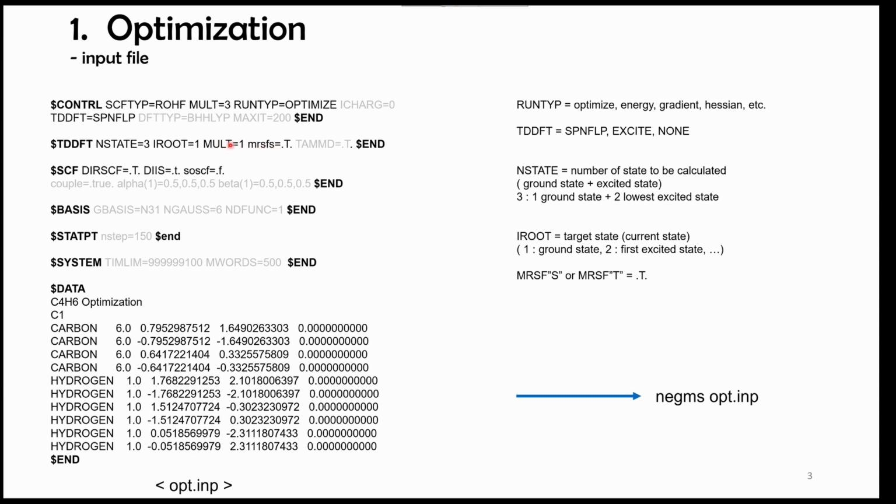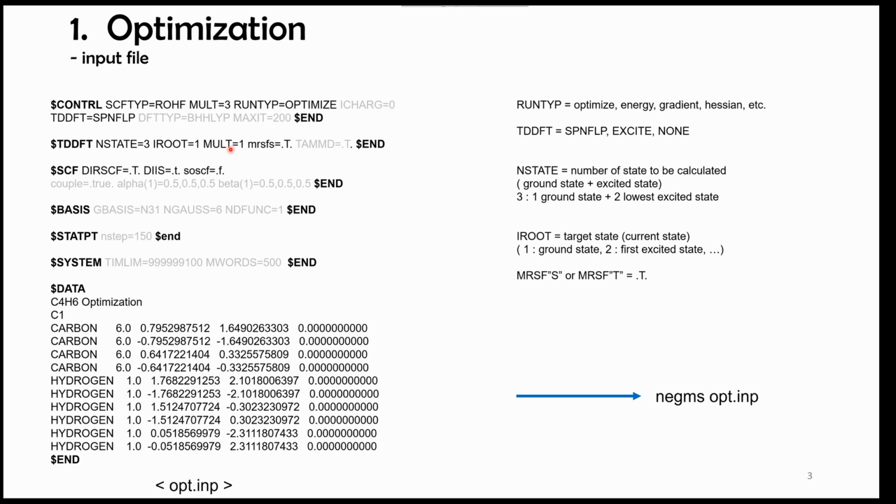Then you should choose 3 for this multiplicity. Is that right? That's the question. Because even for triplet, we calculate M sub S equals 0. But that's M sub S equals 0, right? But multiplicity-wise, it's a triplet, right?